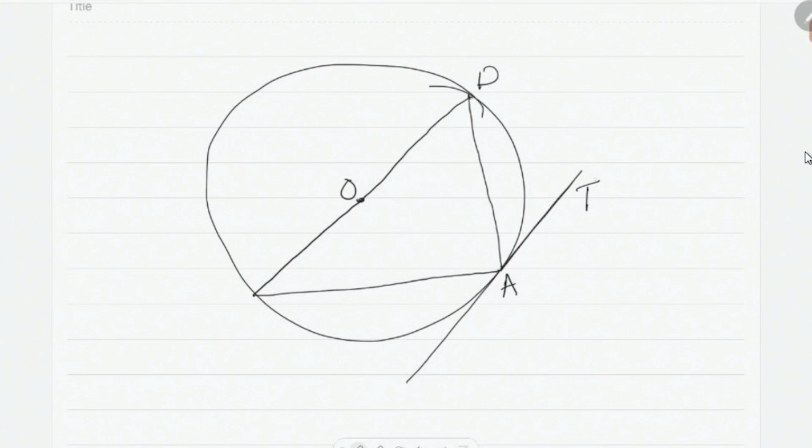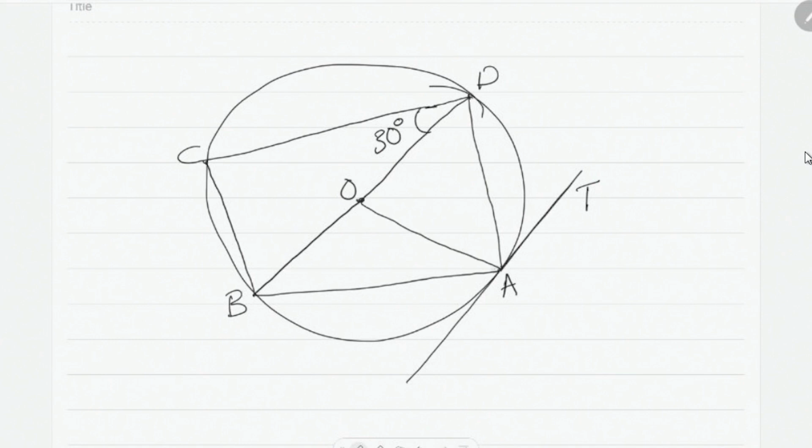All right, so this is A. Then we have T. And then we have another chord touching the circumference there, then another chord joining that part. So this is C, that is B, this is 30 degrees. And then we have a line or radius, which is line OA.